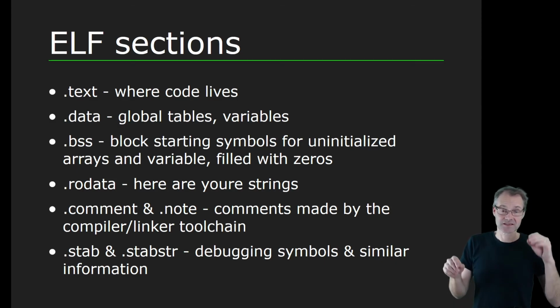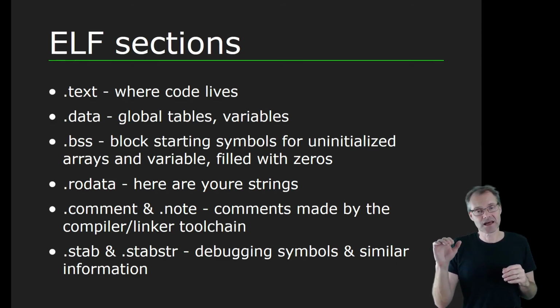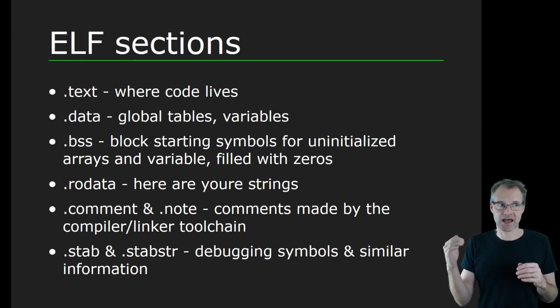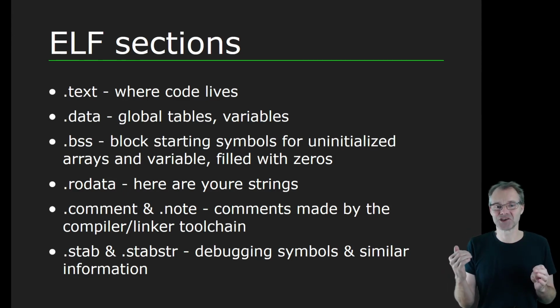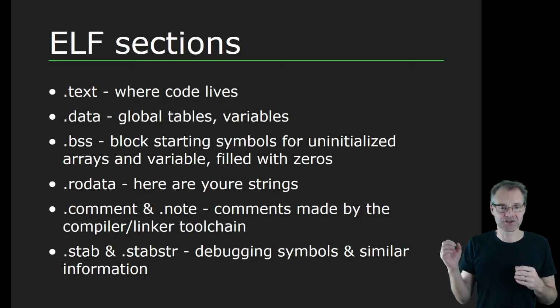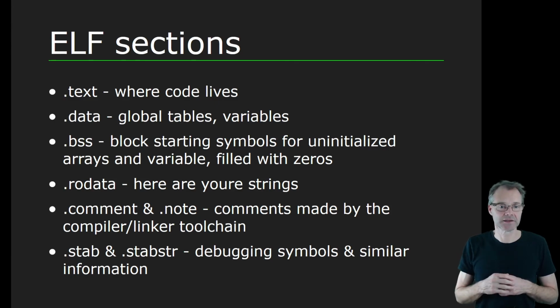Some ELF sections: we have the .text, that's where the code lives. So here is the actual machine executable code. Then we have a .data where the global tables and variables might be defined. We have a .bss, block starting symbol, and that is for uninitialized arrays and variables.